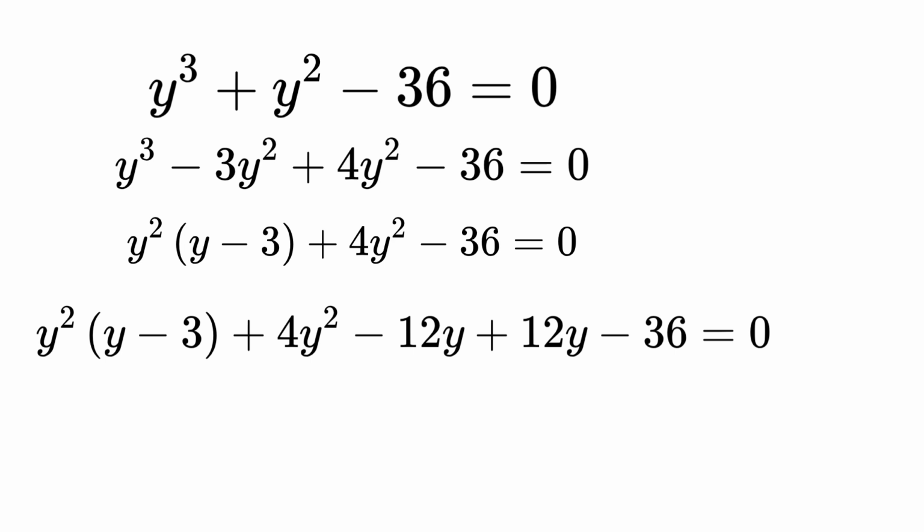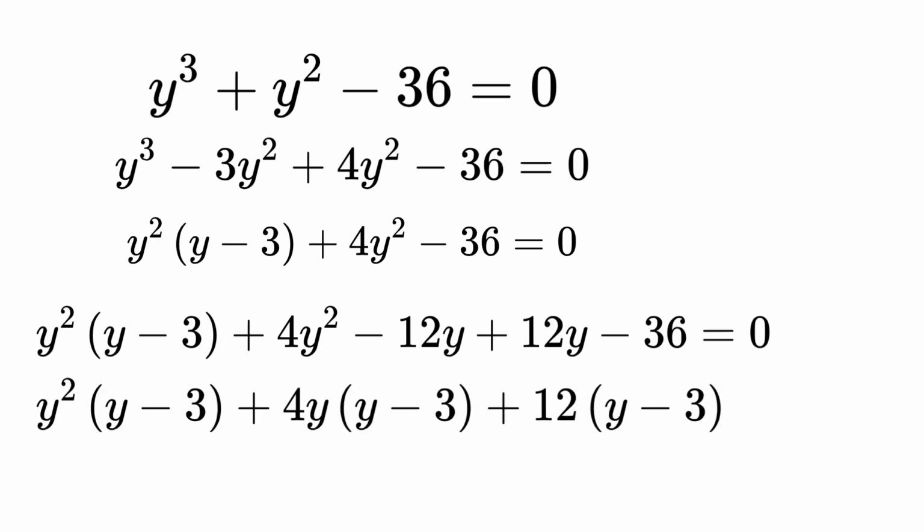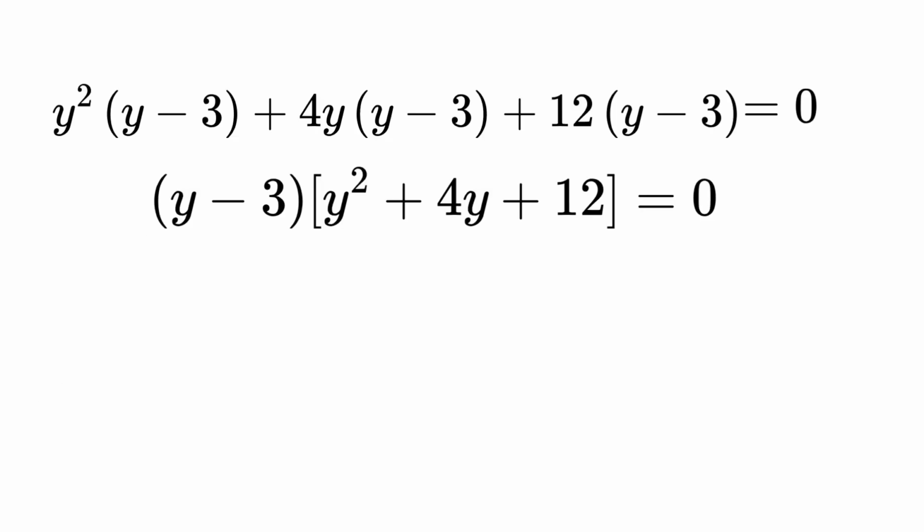Then y square into y minus 3, plus 4y square minus 12y plus 12y minus 36 is equal to 0. Then take 4y as common, 4y into y minus 3, plus 12 as common, 12 into y minus 3 is equal to 0. Then take y minus 3 as common, so y minus 3 into y square plus 4y plus 12 is equal to 0.